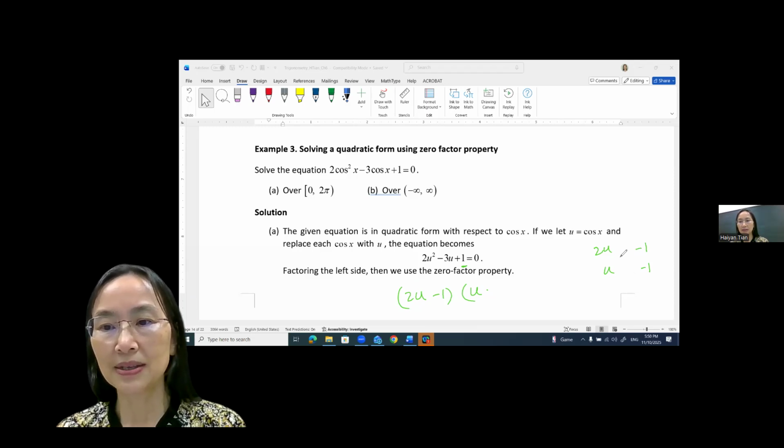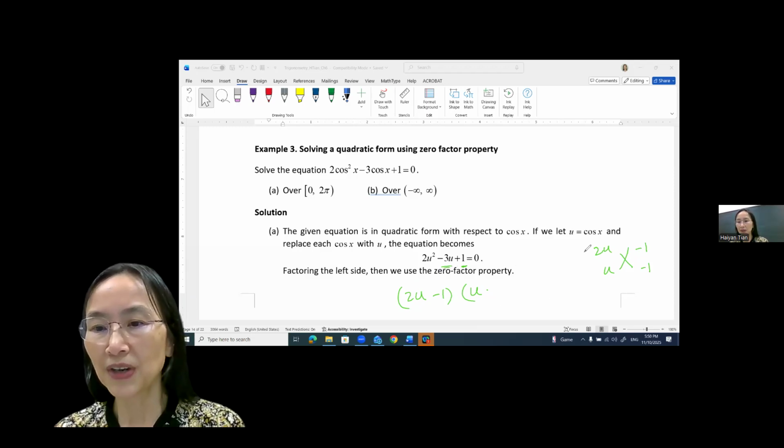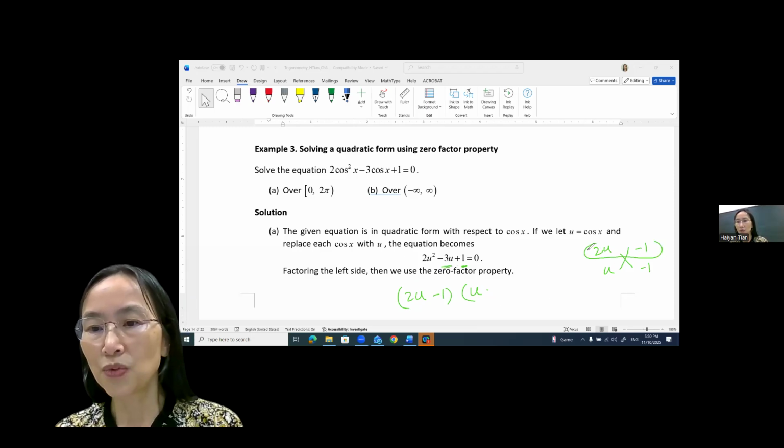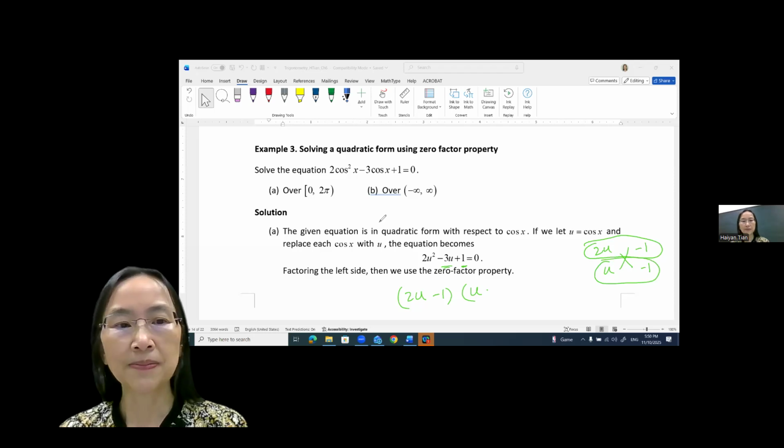So then you can see the cross multiply will be 2u will become a -2u minus u, -3u. So it's possible to factor as 2u minus 1, u minus 1.